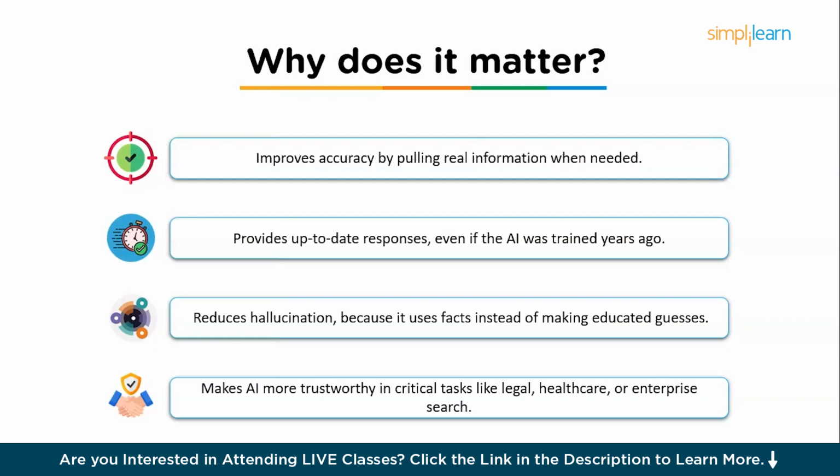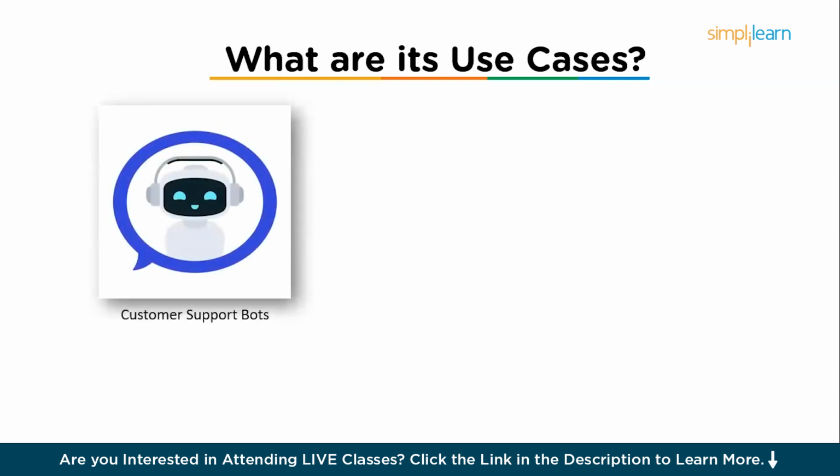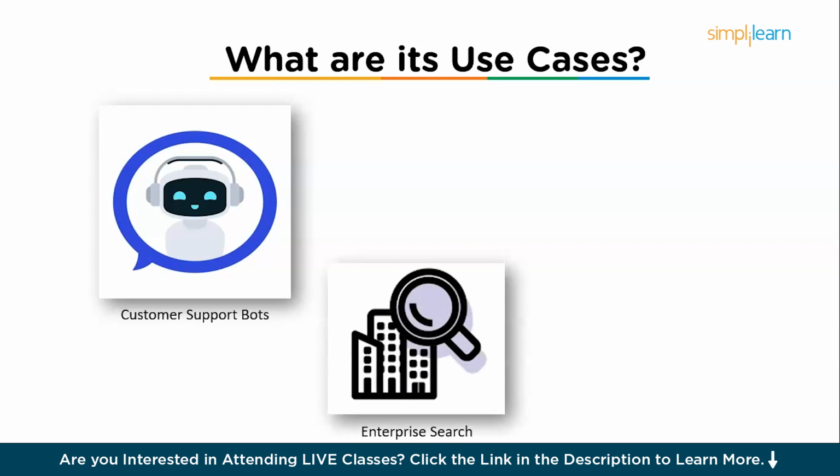Now let us move and see what are its use cases. RAG is super useful in many real-world situations, especially when accuracy and up-to-date knowledge are important. Here are a few examples. The first example we have is customer support bots. They can pull answers from the help docs, FAQs, or internal knowledge bases to give relevant and accurate responses. Then we have enterprise search. Employees can ask questions and get answers from the company documents, manuals, or HR policies.